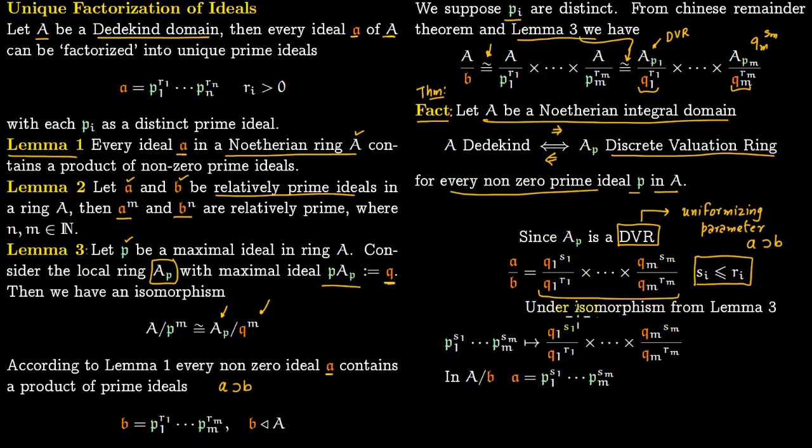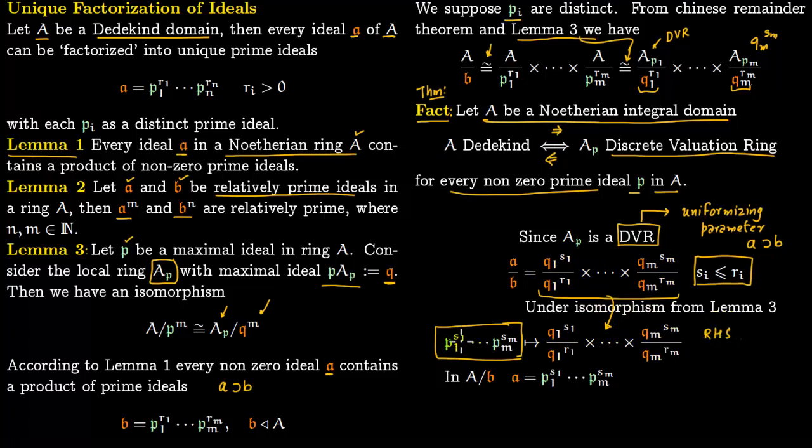So now from lemma 3 we can say that you have this isomorphism. To get this left hand side, we will write some product like this, and right hand side we just copy this entire thing down here. This is right hand side.